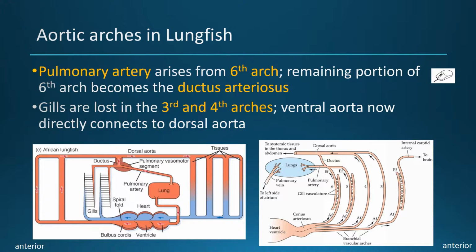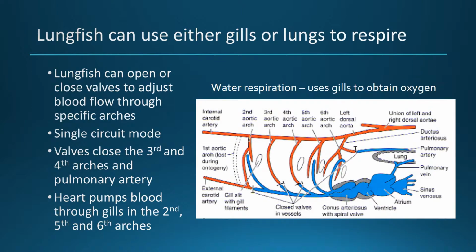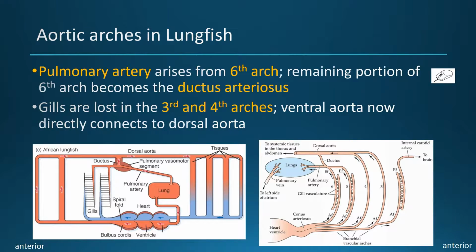Adaptations that have happened in the lungfish are that the pulmonary artery develops from that sixth arch. As I mentioned before, the pulmonary artery going to the gas bladder is really close to that sixth arch. So it's not a big stretch to say, okay, here's the sixth arch, it's leaving the heart, it's going through gills right here, and it's wrapping around and it's going to go to the lung.